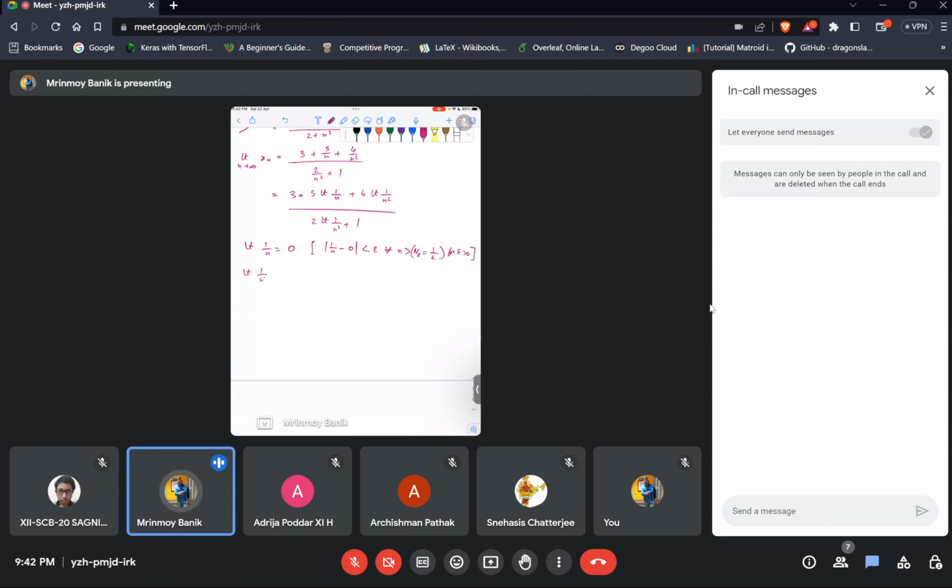Similarly, the limit of 1 by n squared is also 0. You can take n equals square root of 1 by epsilon.